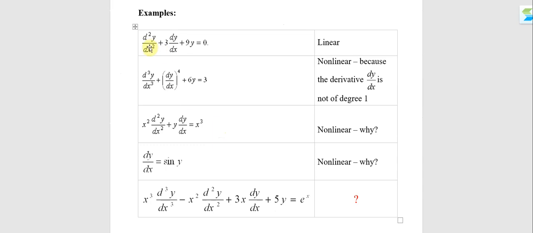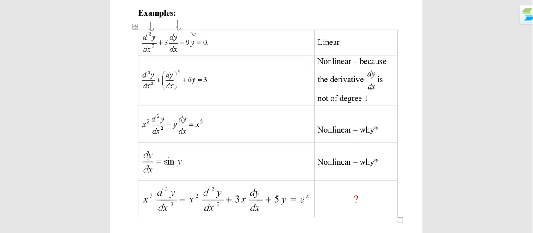For this example, you have d square y over dx square plus 3 dy over dx plus 9y equals 0. So this is linear. Why? Because you see the highest derivative is to the power of 1, and you can see the dependent variable also to the power of 1. It is linear.